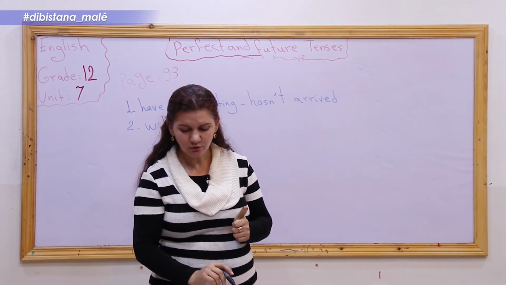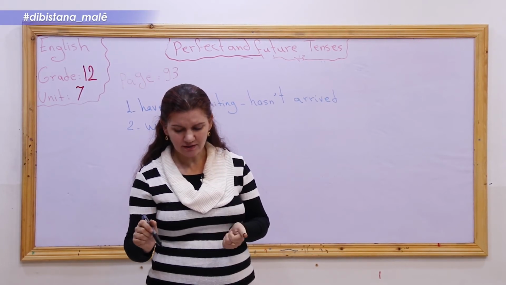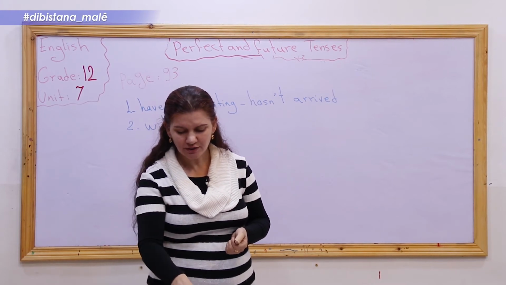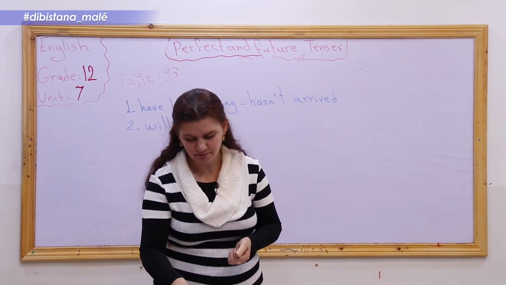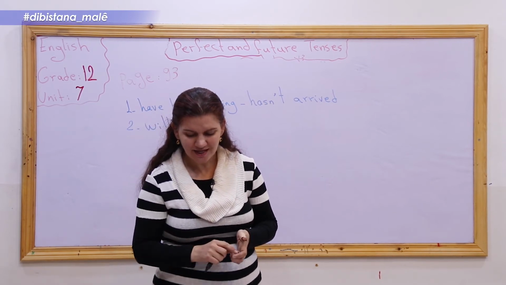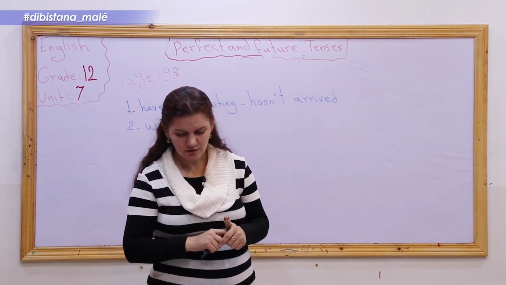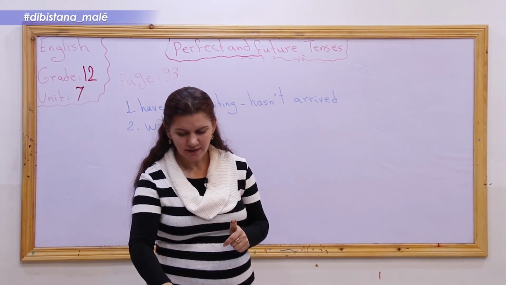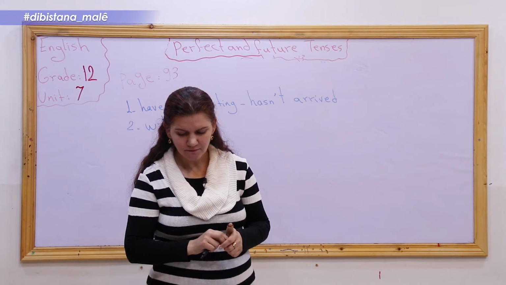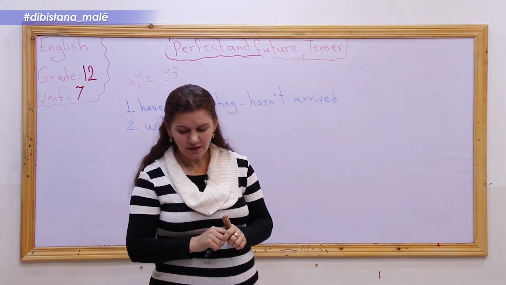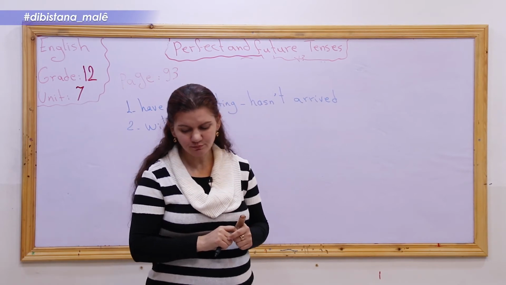The third one: when I taste the eggs, I realize I put sugar instead of salt in them. Okay? I tasted, it's simple past. Then again simple past and simple past. I tasted the eggs, I realized I had put.